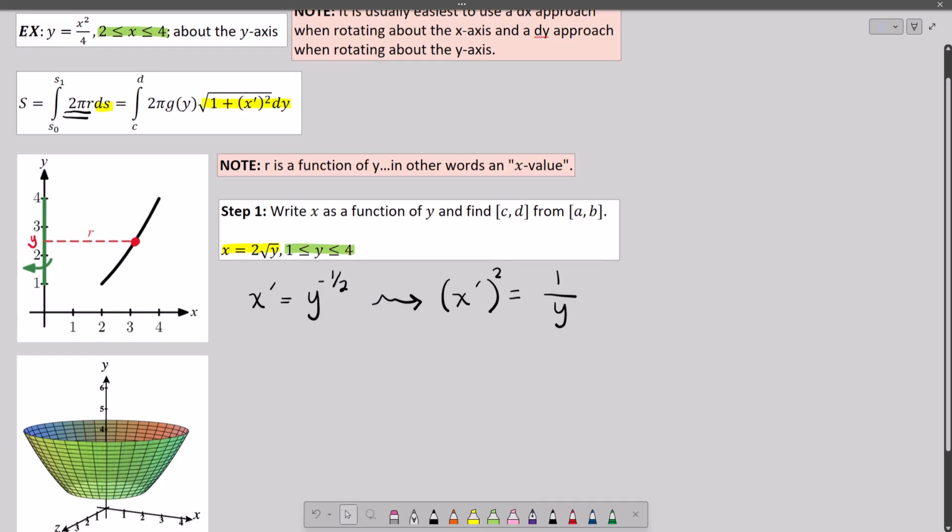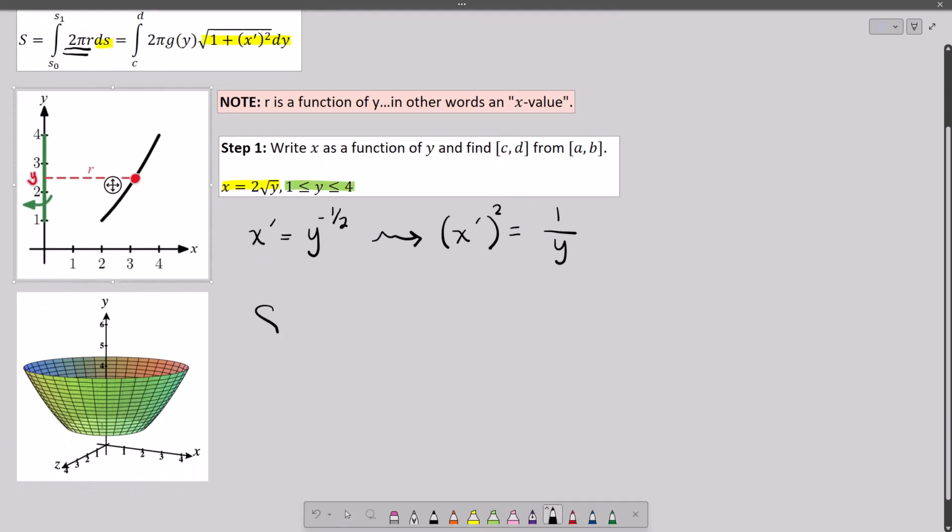Okay, so that tells us that our surface area, they use capital S for that in this book. We're integrating with respect to y from 1 to 4. And then we have our 2 pi r. So that's the radius. R is this distance right there. That distance is the function.